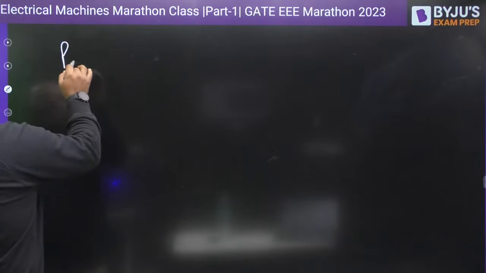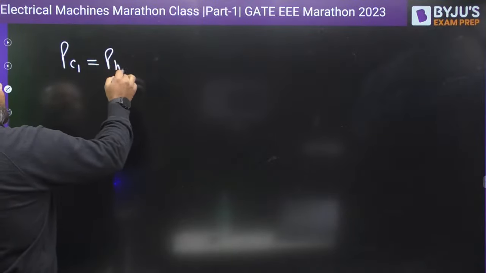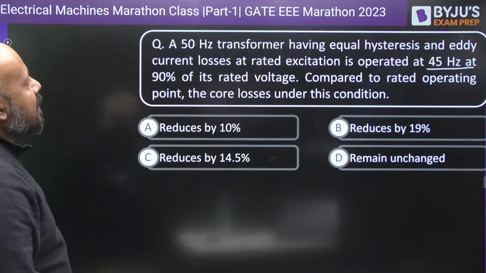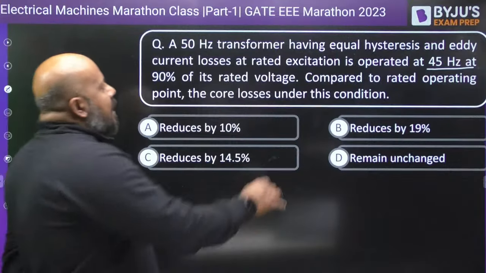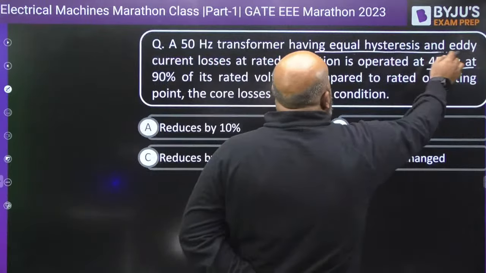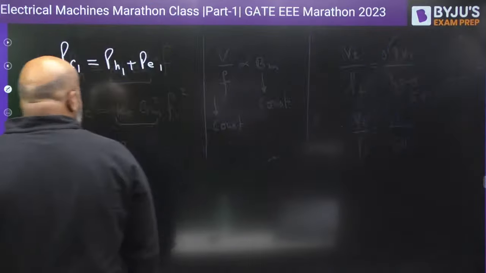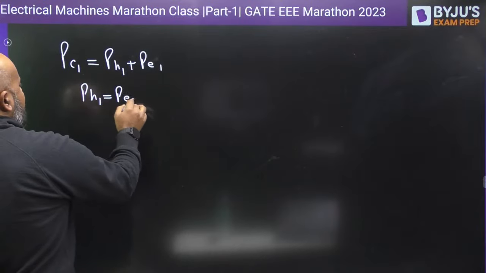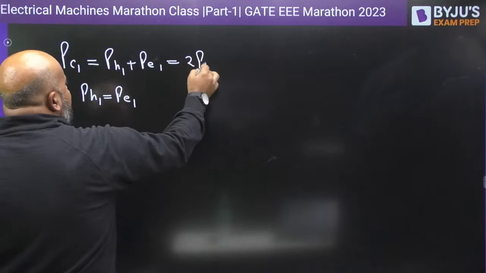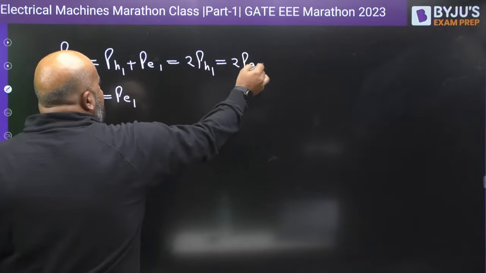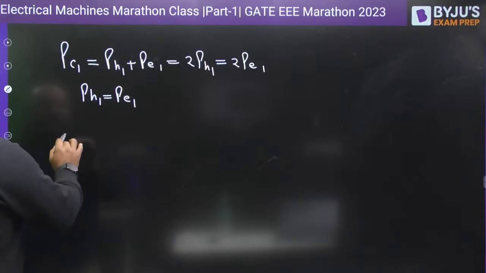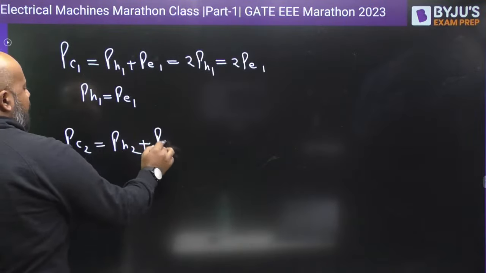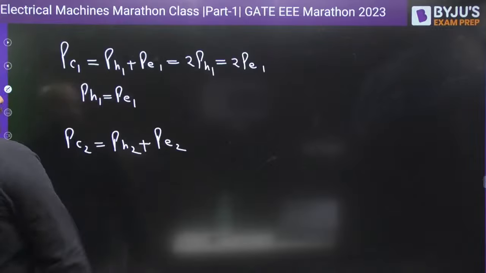Suppose in the first case, the core losses are hysteresis loss and eddy current losses like this. But he is saying in the first case, the transformer has equal hysteresis and eddy current losses. If it has equal hysteresis and eddy current losses, that is PH1 is equal to PE1. So it becomes suppose 2 times PH1 or you can write 2 times PE1. In the second case, suppose the hysteresis losses are PH2 and the eddy current losses are PE2. So can you compare PH2 and PE2?